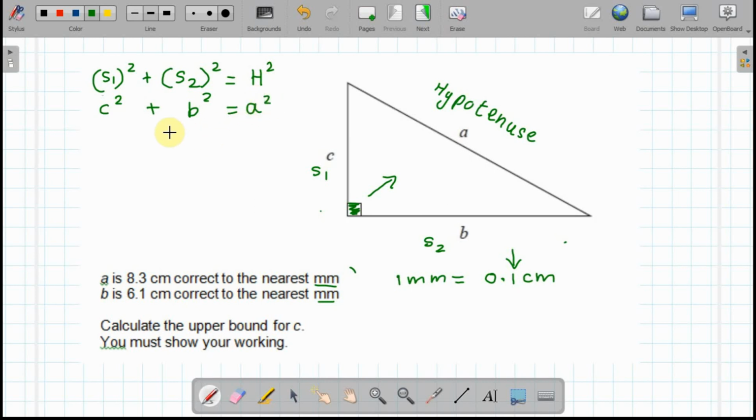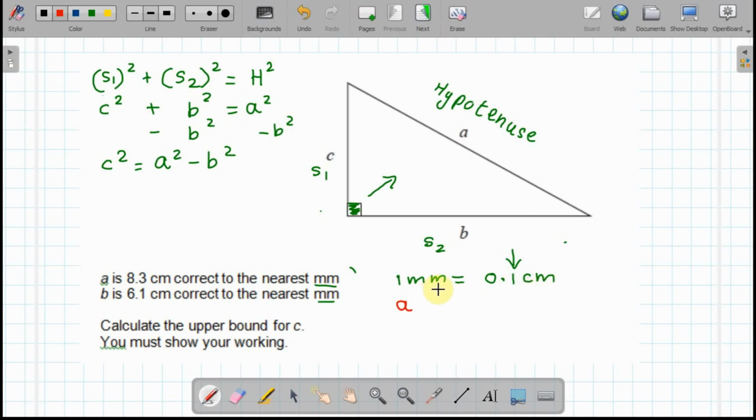To find c squared, I have to subtract b squared from both sides. So I've got c squared is equal to a squared minus b squared. Now I've got the expression, I'm going to look at the potential bounds for A. For A, the degree of accuracy is 0.1 centimeters or 1 millimeter.